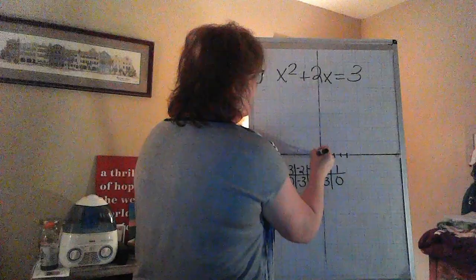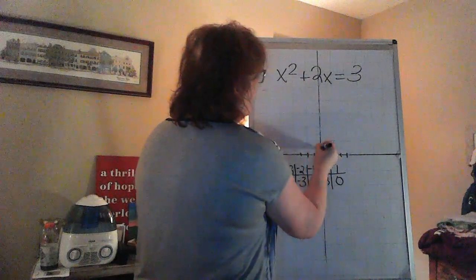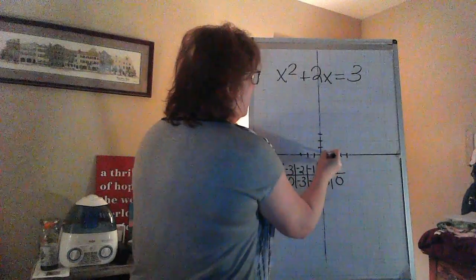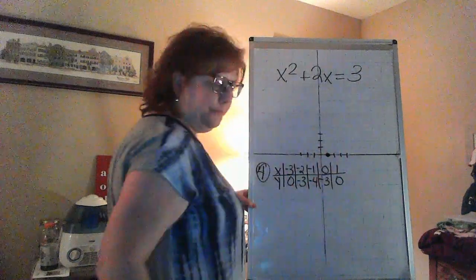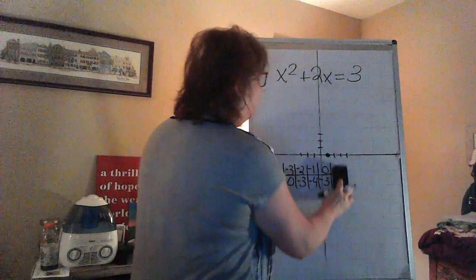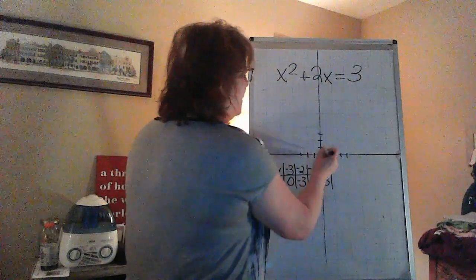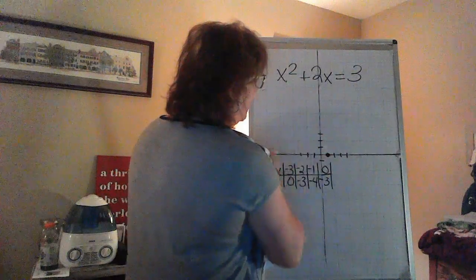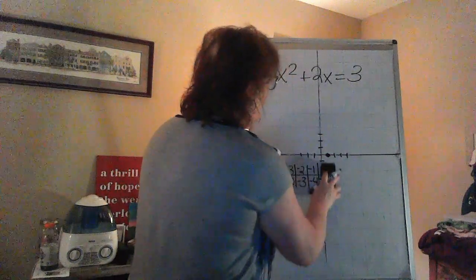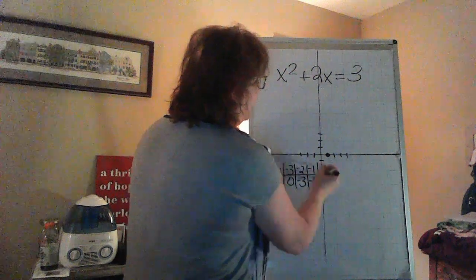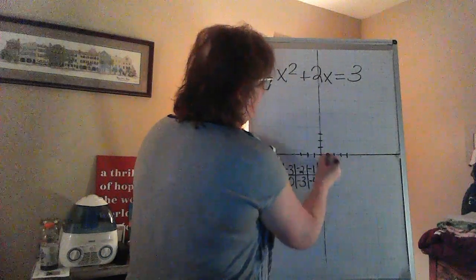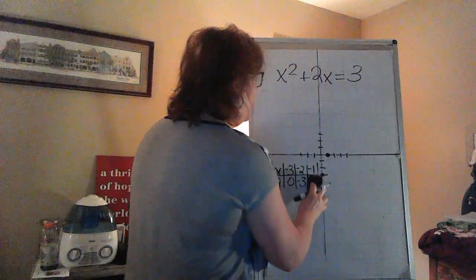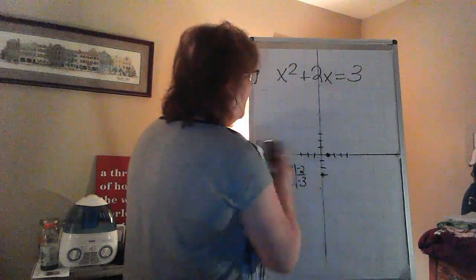All right, 1, 0. I can put that one in. How about 0, negative 3? I'm going to have to erase this to get 0, negative 3 in. So 0, negative 3.